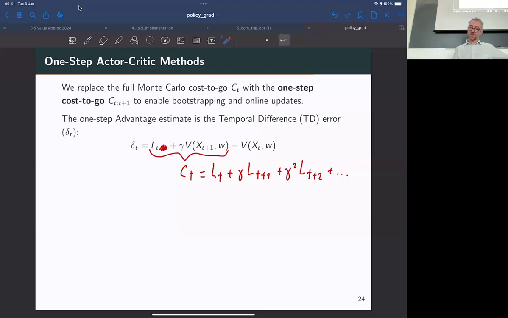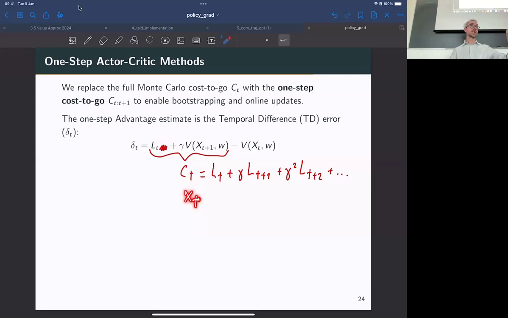So what happens if you start from state xt and you run your current policy once? You get a certain cost. What happens if you repeat this process a second time? Do you get the same cost? No. Every time you repeat that process, you're going to get a different cost.